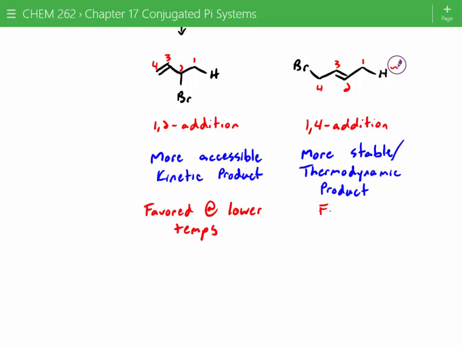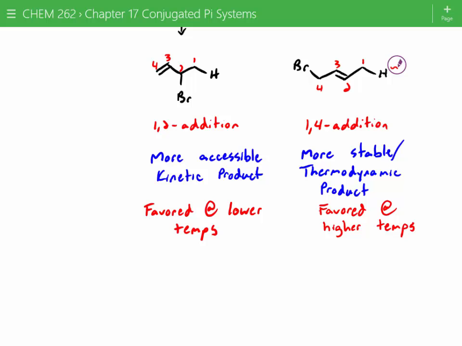To be favored at higher temps. Does that make sense? So is it fair to say that the lower temps is more accessible and at higher temps it's usually more stable? At higher temps, you're always going to get your thermodynamic product. At lower temps, you can occasionally intercept your kinetic product.